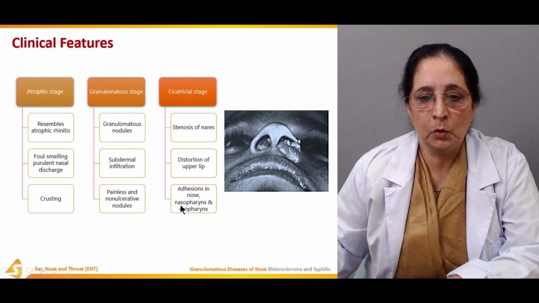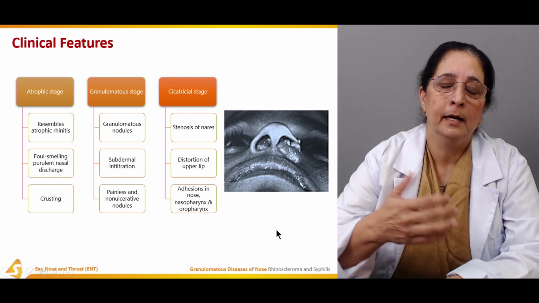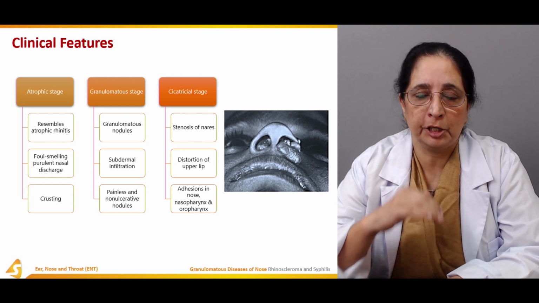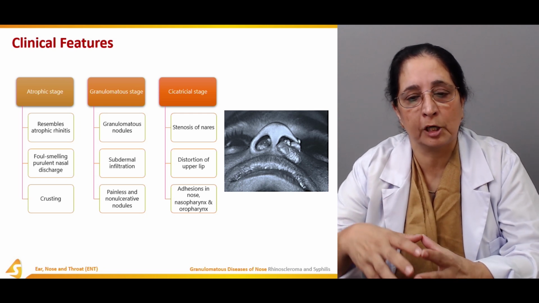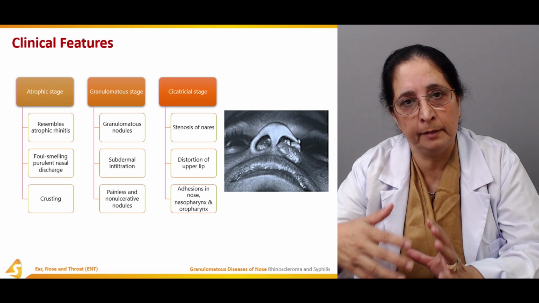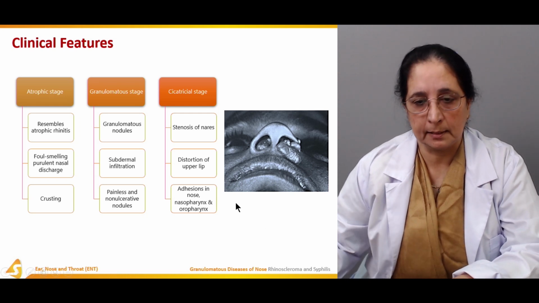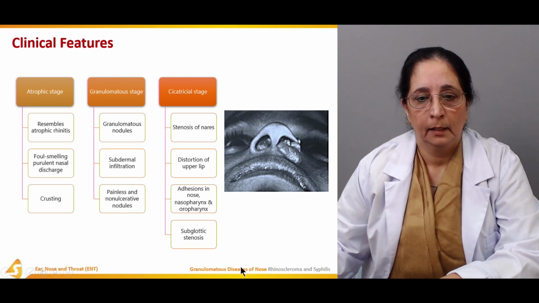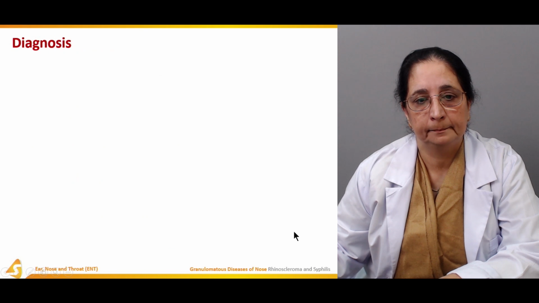Adhesions in the nose, nasopharynx, and oropharynx occur, and all these obstructions and blockages ultimately cause nasal obstruction that can be a very big complication of these granulomas. There is also subglottic stenosis.